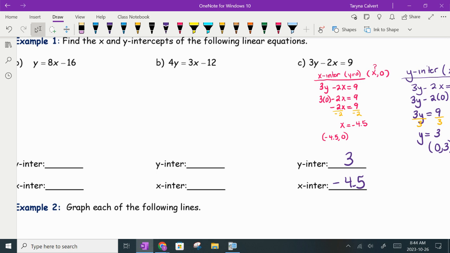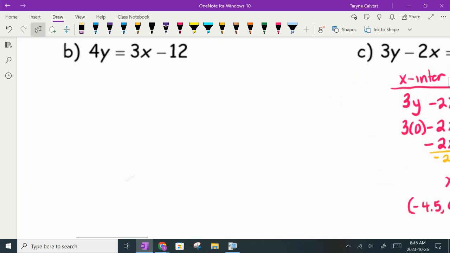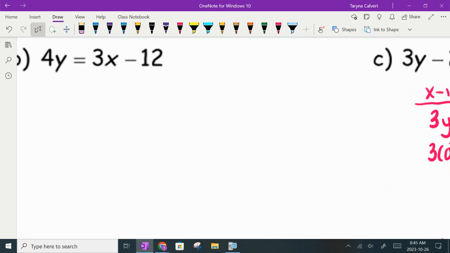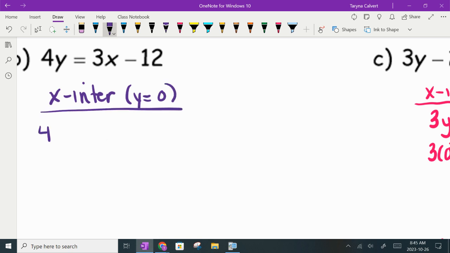All right, so let's just work our way backwards. So this little guy here, again, to get my x-intercept, right, we're going to let y equal 0. So if we let y equal 0, the whole left-hand side is 0 now. So I have a little bit of algebra to do, because 4 times 0 is 0.